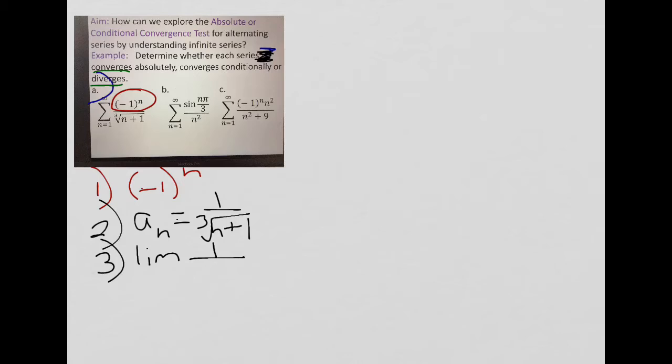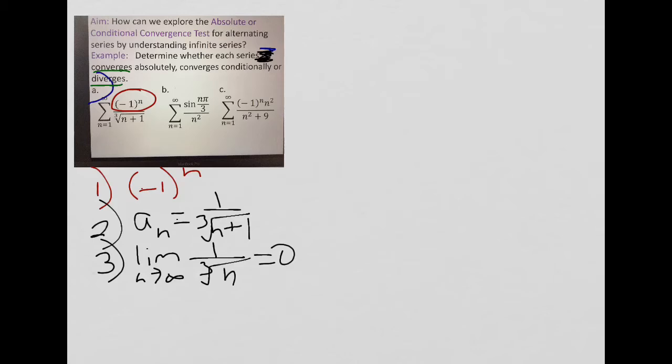So you can do the cubic root of n. I know there's a plus 1 underneath, but it gives us an idea of what we're working with. And this is going to be 0.